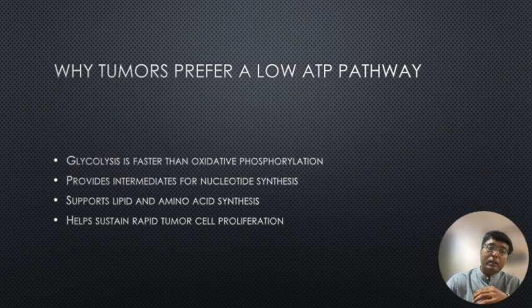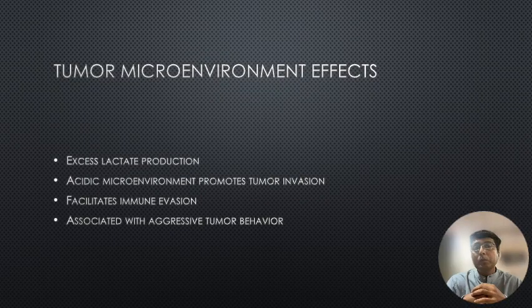So next we come to the point, that is the tumor microenvironment. Another important thing, the tumor microenvironment effect. What is this? As the neoplastic cell utilizes the glycolytic pathway for energy generation, excess lactate is produced.